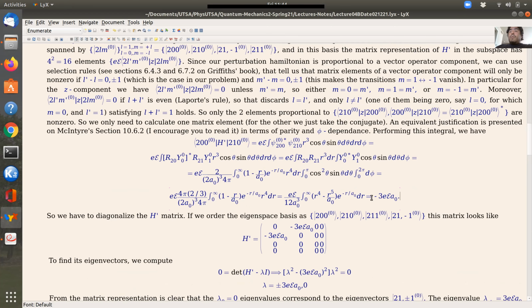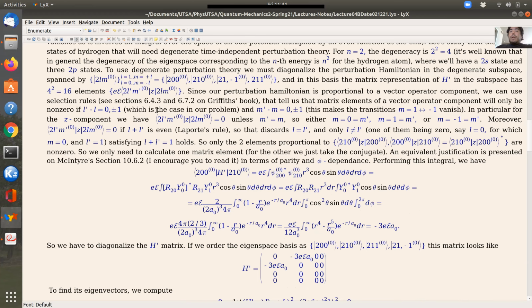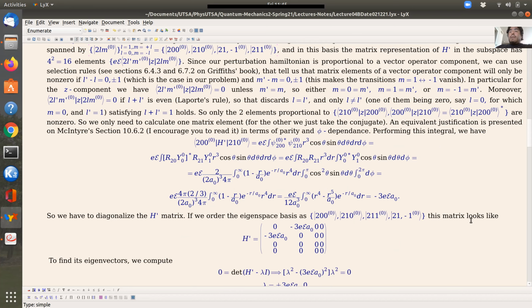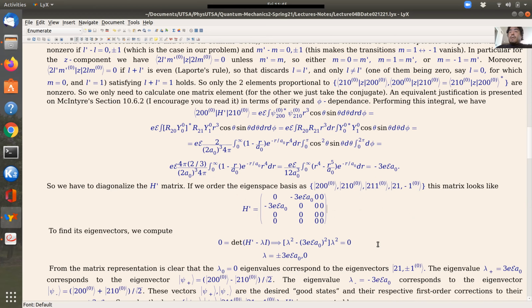Okay, we know the two terms that are non-vanishing. Notice that in the basis that we're using, we gave a given order, right? We started with 2, 0, 0, then we went to 2, 1, 0. So these two are the matrix elements that we are involving in this calculation, and the two others are not appearing. So what we have in the matrix representation under this basis, in this order, so keep track of the order, that's important, is the mixed elements.